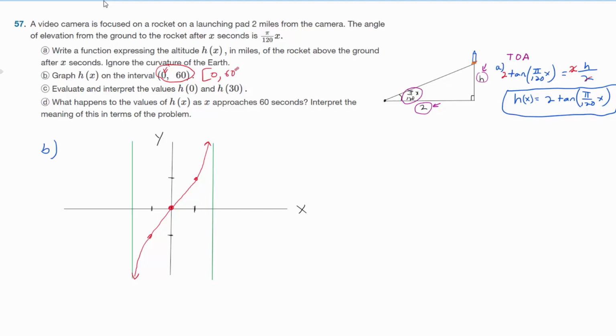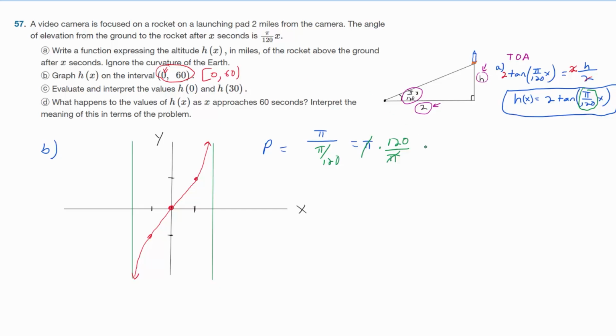But you're never actually going to get to 60, as you'll see, because of the period of this thing. Remember how we get the period: we take the normal period pi divided by this number. So that's pi divided by pi over 120, but you divide by a fraction. That's the same as flipping and multiplying, so that's pi times 120 over pi, and you just get 120.